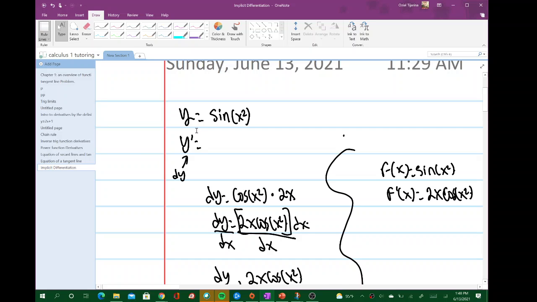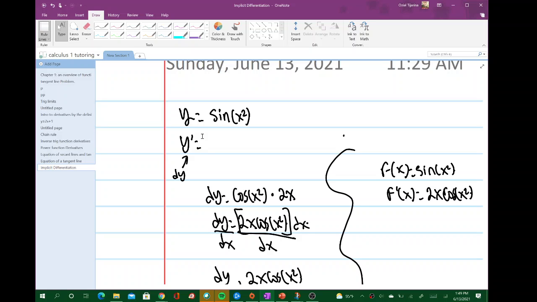But when you are doing it with respect to x, if you have a function or any equation where x and y are both in the equation and they're asking you to find the derivative of that, that's where implicit differentiation comes in.